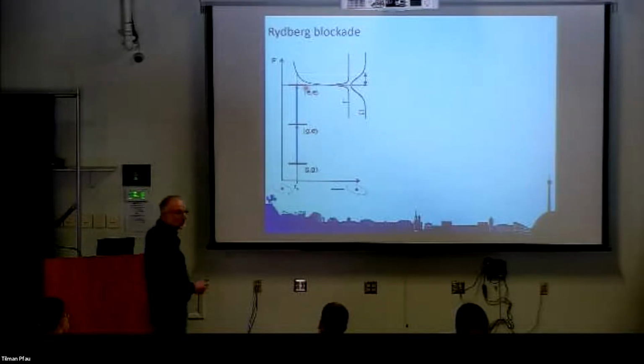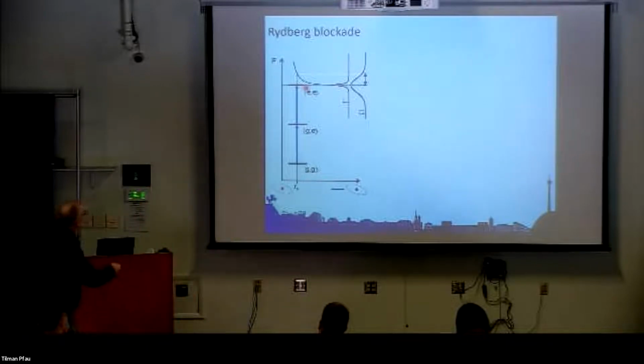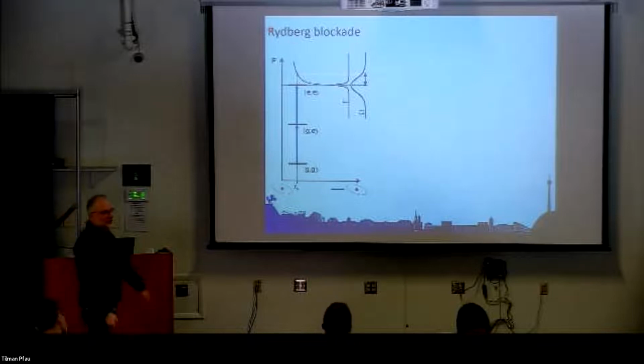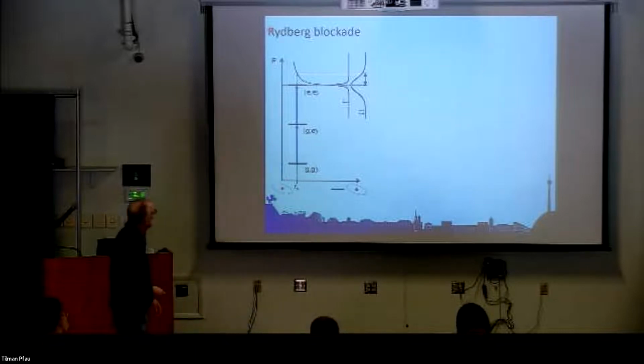Only if I excite the second one also to the Rydberg state, then I get very strong interactions. And there's an interaction potential. For example, in this case, a repulsive van der Waals potential that scales with 1 over the distance to the 6th power. Yes.